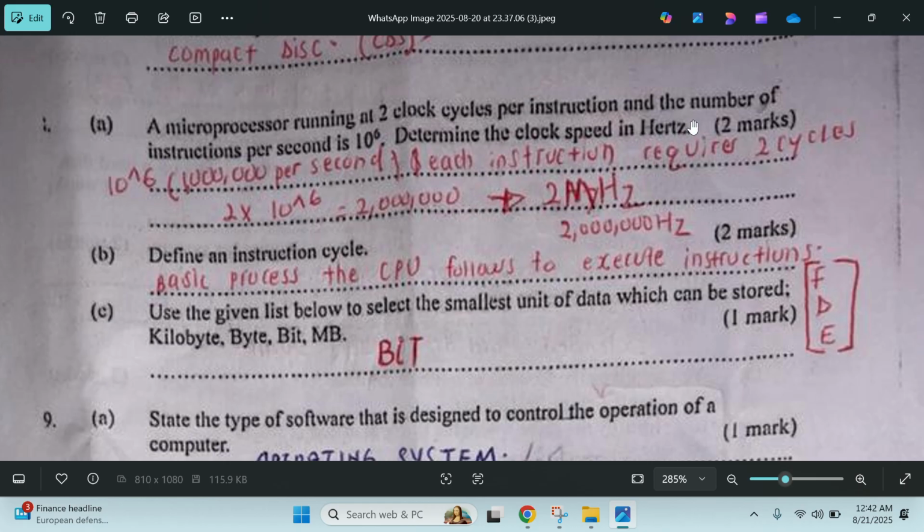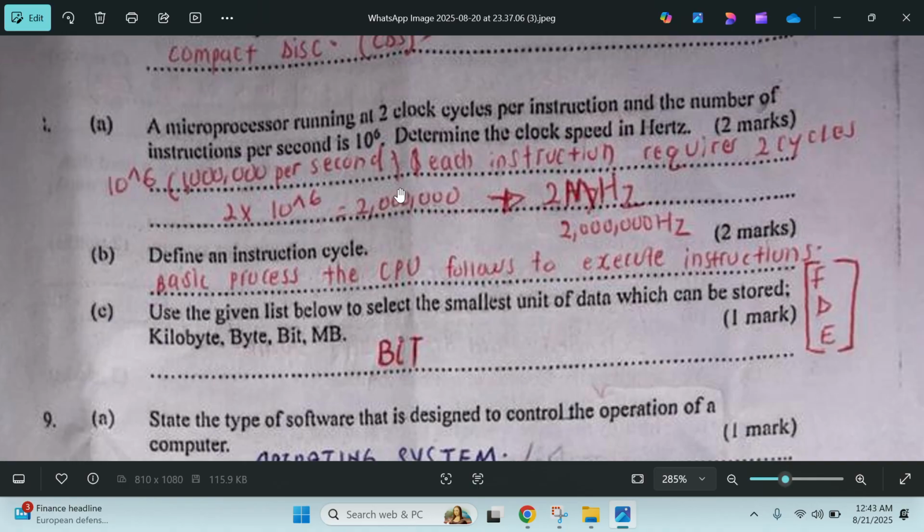The answer should be in hertz, but 2 million hertz is equivalent to 2 megahertz. So the answer that was required out of a learner here was 2 million hertz. 2 times 10 to the power 6, you get 2 million hertz. That's the answer to number 8.